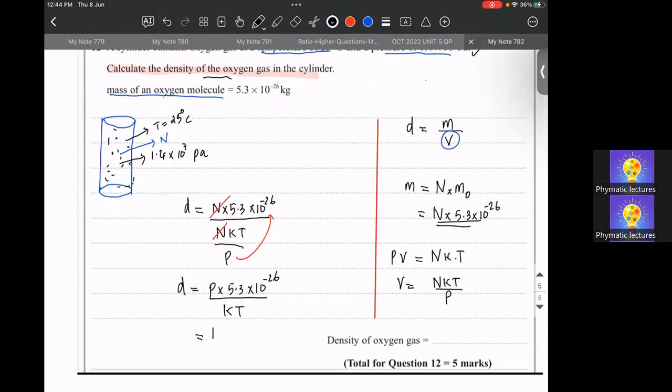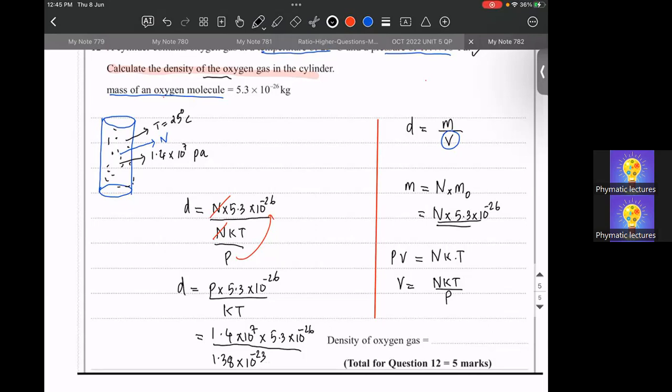So plug in the value 1.4 multiplied by 10 to the power of 7, then 5.3 times 10 to the power of minus 26 upon, what is K? You can use the value given in the question paper. At the end of the paper, you can see the value of the Boltzmann constant. It is 1.38 times 10 to the power of minus 23.